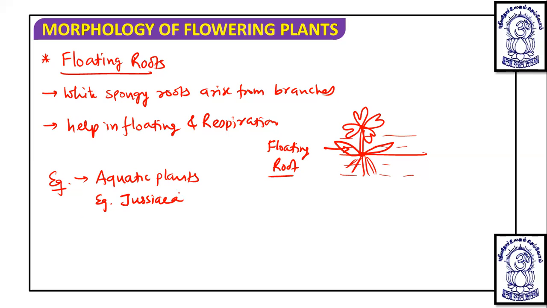After floating roots, next we talk about another type of root that is known as epiphyllous root. This epiphyllous root arises from the margin of the leaf lamina.